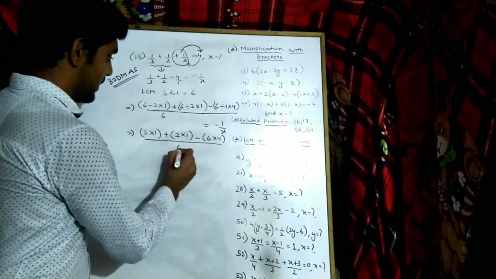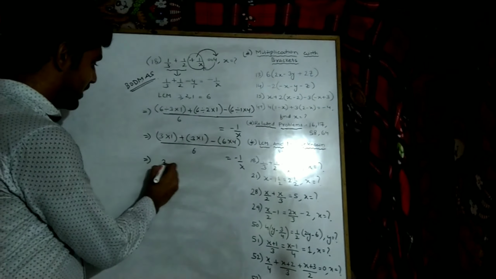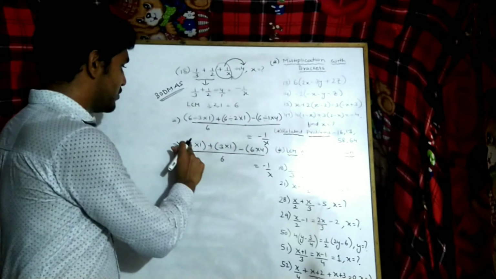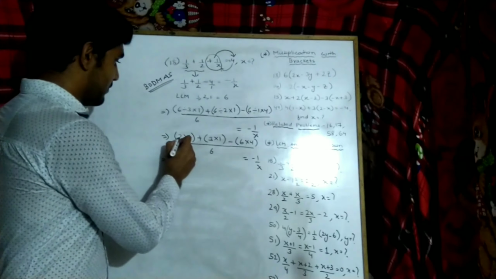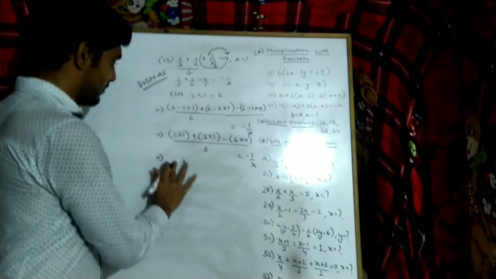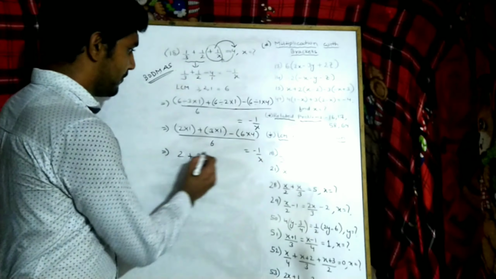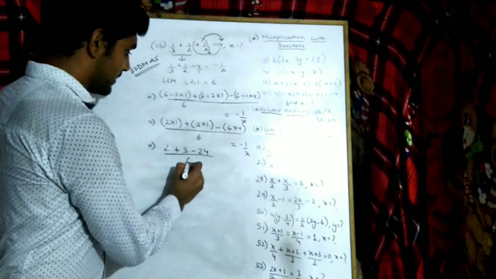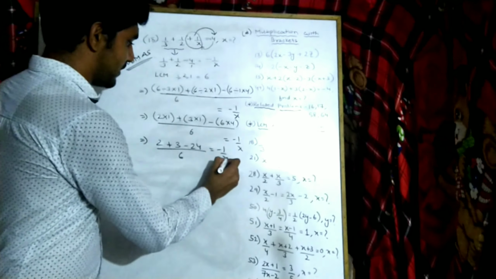Clear? Now 2 into 1, 2 plus 3 into 1, it will be 3. Sorry, it comes 2, because 6 divided by 3, 2. Okay. So now plus 3 into 1, 3 minus 24 by 6 is equal to minus 1 by x.